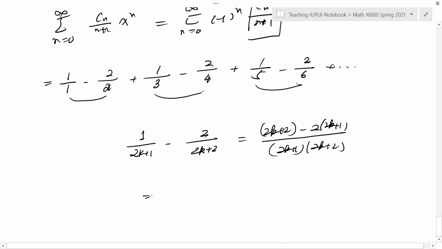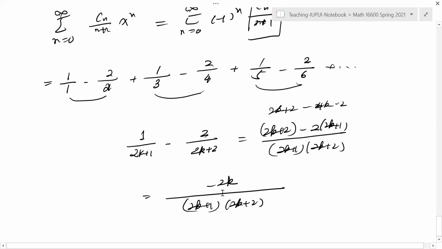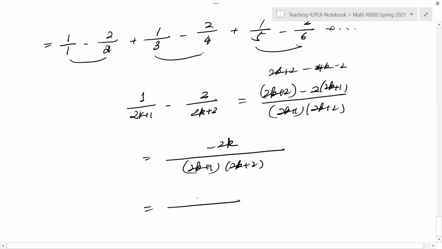So what do you get? The 2 minus 2 cancel out, right? 2k plus 2 minus 4k minus 2, so that is negative 2k. Now after simplifying, you get negative k over 2k plus 1 and k plus 1.